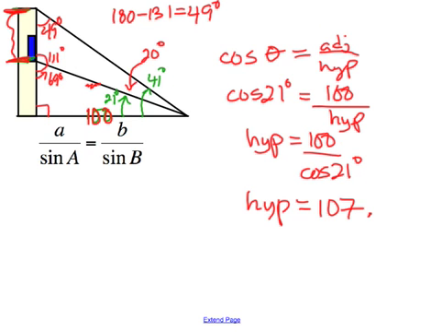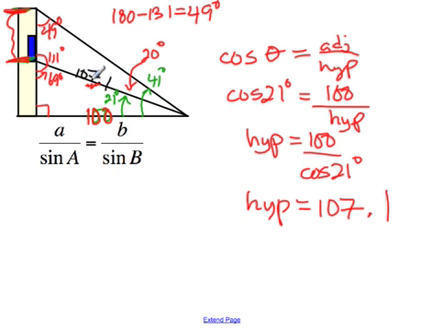Let's just call it 107.1. That's this distance here. Let me put that in black. 107.1. Now I've got a triangle up here in which I know a side and I know all the angles. So if I know a side and its angle, I can use the law of sines to solve that.